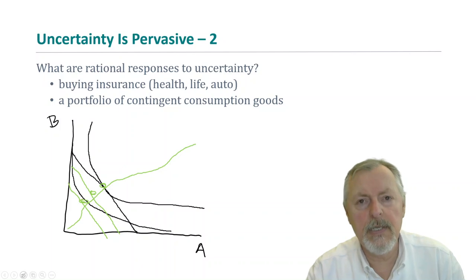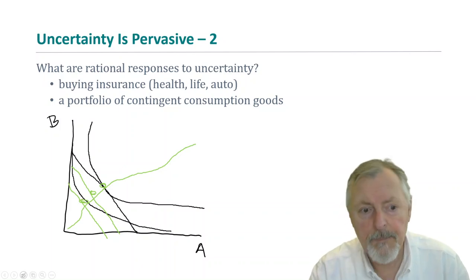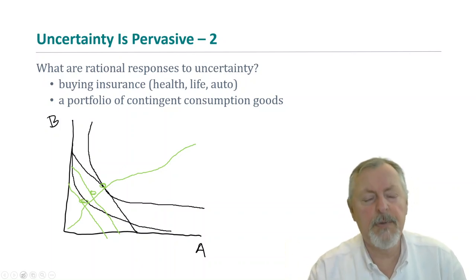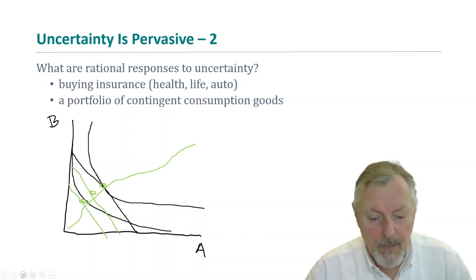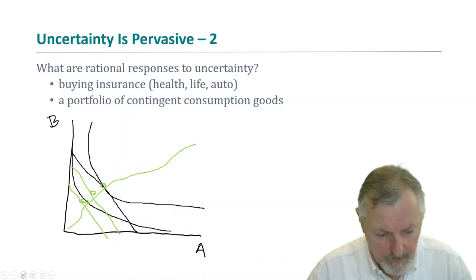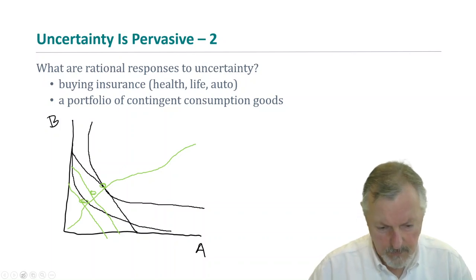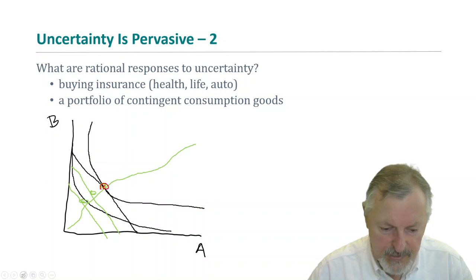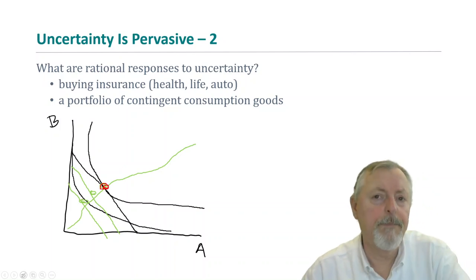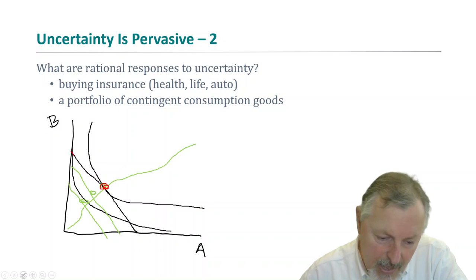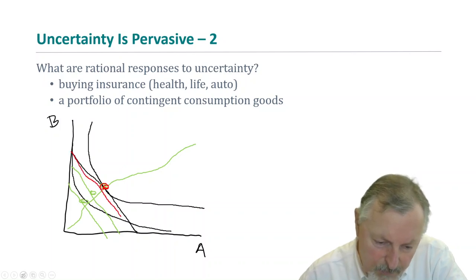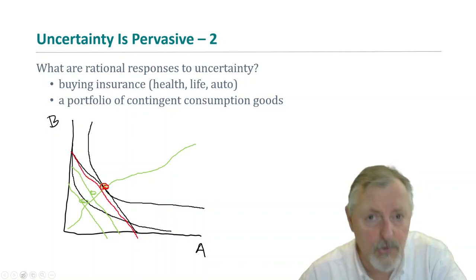This book calls it the income offer curve. It's all of the optimum bundles at all sorts of incomes. But you want the consumption bundle that is optimum at that budget line, which I've again drawn badly.